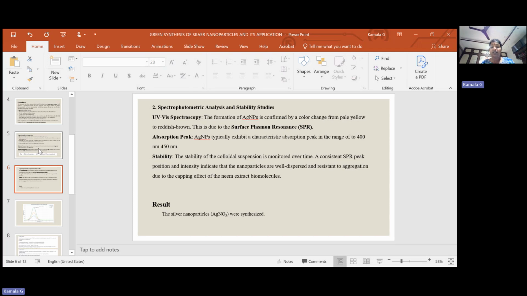One more point here: stability. The stability of this colloidal suspension is monitored over time. SPR peak position and intensity indicate that nanoparticles are well dispersed and resistant to aggregation. If the colloidal solution is properly prepared, then it stays stabilized for a prolonged interval.